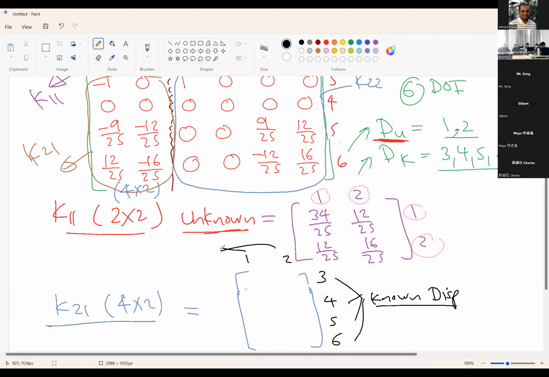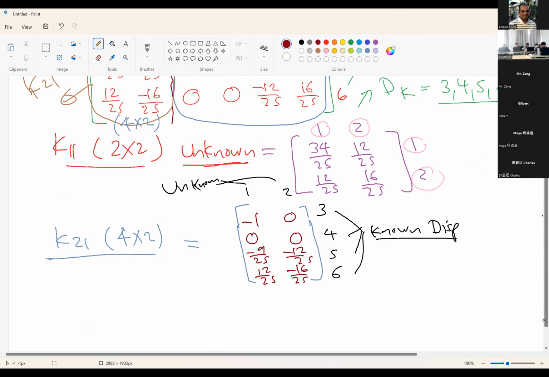So it will be 1, 2, the unknown displacements, in columns, and 3, 4, 5, 6, the known displacements, in rows. So this will be -1, 0, 0, 0, -9 over 25, -12 over 25, 12 over 25, and -16 over 25. Okay, so now we know K11 and K21.